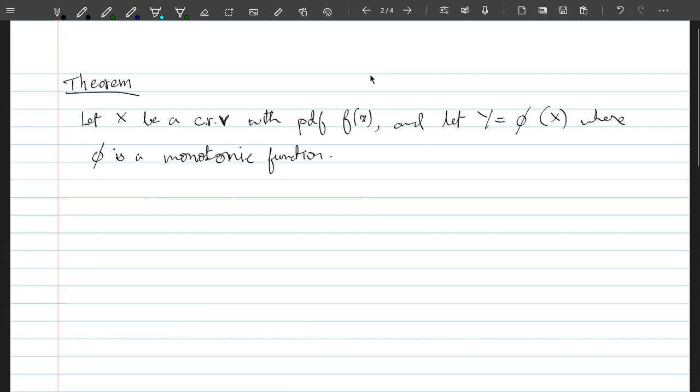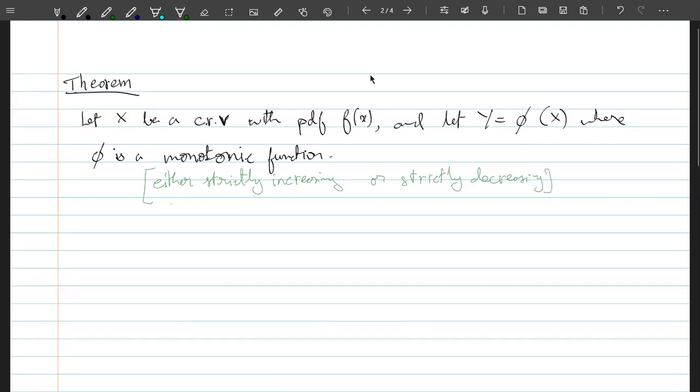So what does monotonic mean? It's either strictly increasing or strictly decreasing. Again, what does that mean?